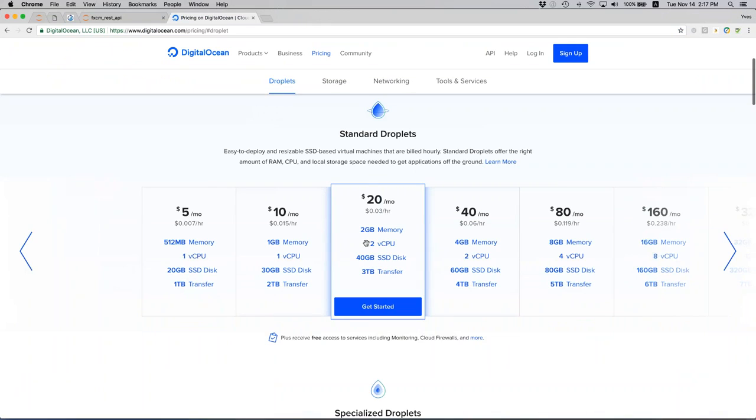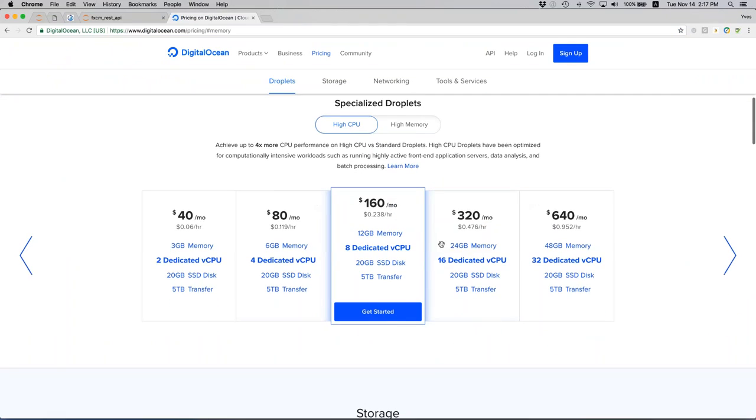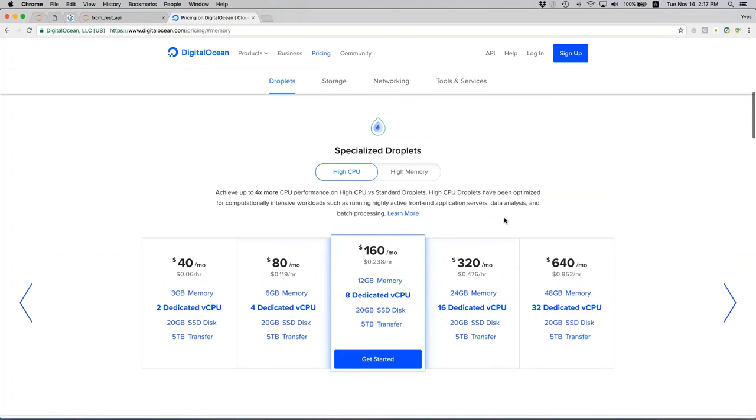Here you have small machines, you have specialized droplets that go to 32 dedicated CPUs and 40 gigs of memory. They are costly, but sometimes you just need them for, let's say, an hour, and an hour costs just $1. So up until something that you have locally. If you have a big PC, if you have a big Ubuntu machine or a big MacBook, I think you can do, as a retail algorithmic trader, you can accomplish quite a bit.